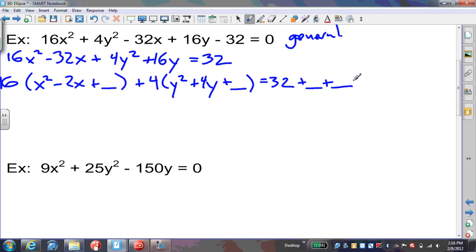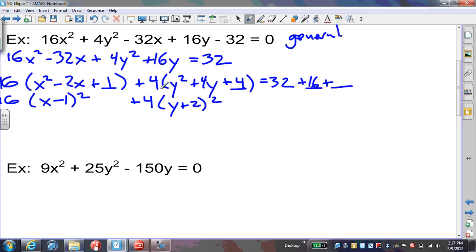So now let's figure out what number goes in there. 16 still stays up front. Then we have x minus 1 quantity squared, so 1 goes there, plus 4 y plus 2 quantity squared, 4 goes there. Now again, what numbers go over here? Well, it's 16 times 1, so this becomes 16.